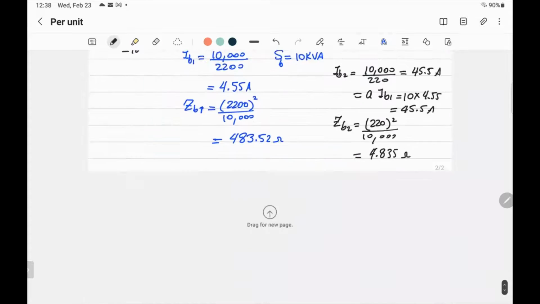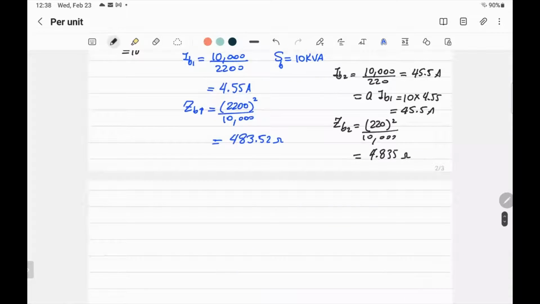Again, you can use the relationship between the impedance on the secondary and the primary. We know that ZB2 is equal to ZB1 divided by A square. If you divide by 100, you get the same thing. So you have two choices. You always try to choose the fast one. That doesn't take time.